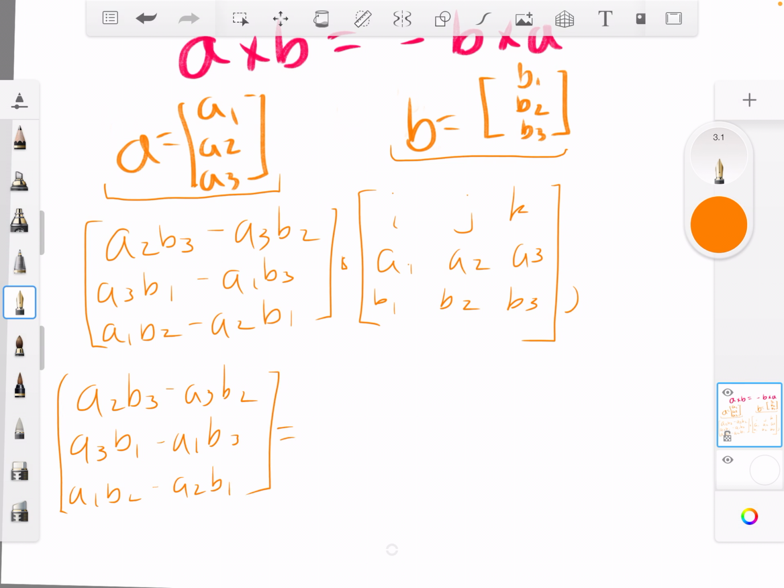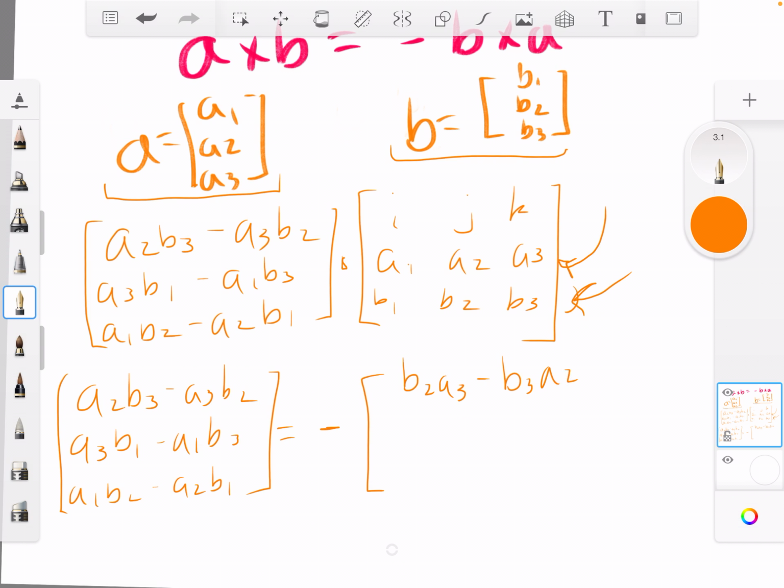Okay, and we're told that this has to equal the negative cross product of B and A. So this is going to be a little confusing, so I apologize for writing it like this, but now B corresponds to this top-ish row, and A corresponds to this bottom-ish row. So we're going to do B cross A. So A2, B3 corresponds to B2, A3 minus A3, B2 is B3, A2.